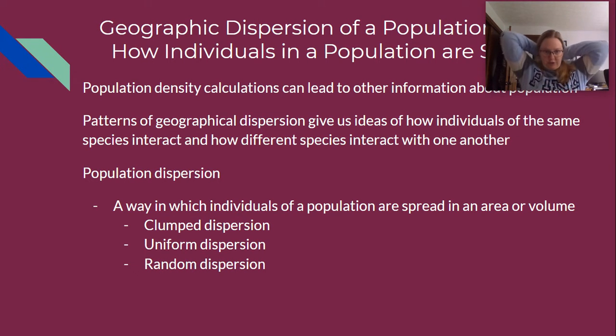We use population dispersion to note the graphical way of representing how they're spread in area or in volume. And there are 3 main ways. We can do clump dispersion, uniform dispersion, or random dispersion.